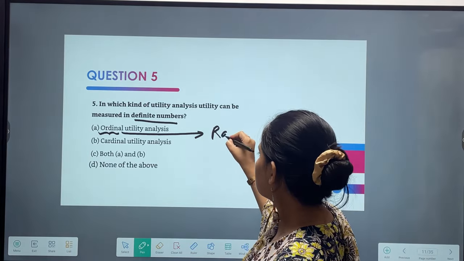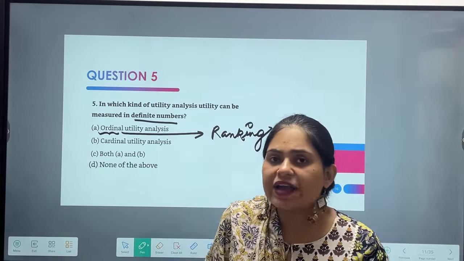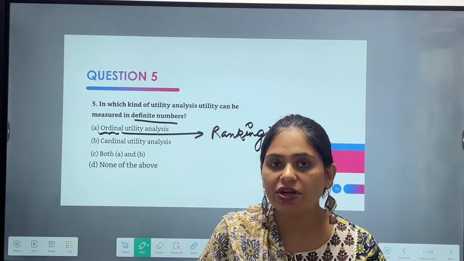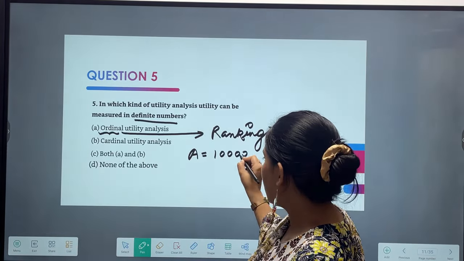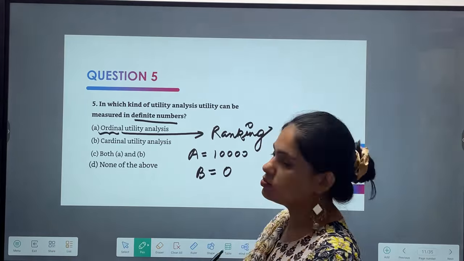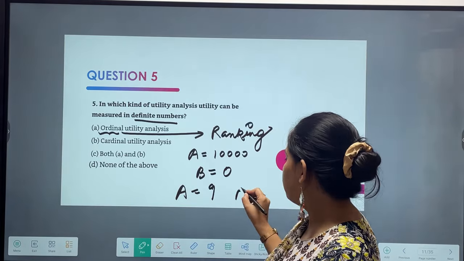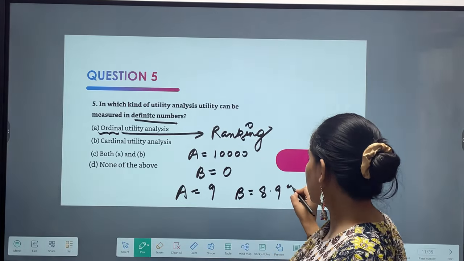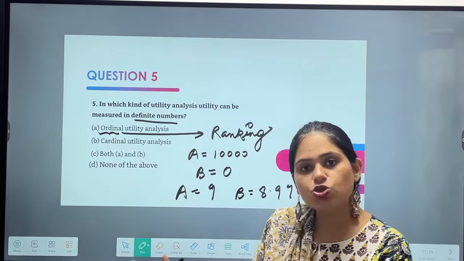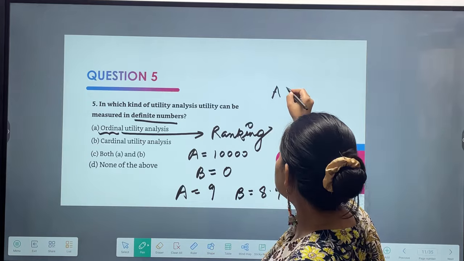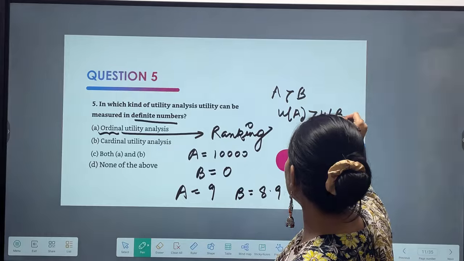So the ordinal concept is telling me I don't care about how much utility you give me. Whether A gives you utility of 10,000 and B gives you utility of 0, or A gives you utility of 9 and B gives you utility of 8.99999, both of these are equivalent situations for me: A is preferred to B, the utility of A is more than the utility from B. It does not matter to me what the numbers are.